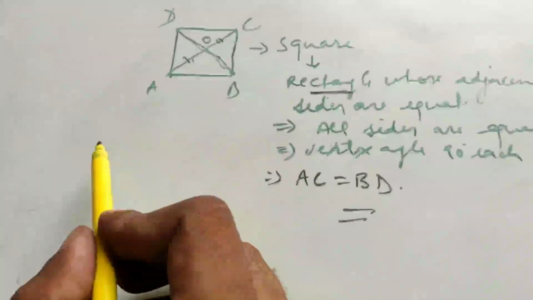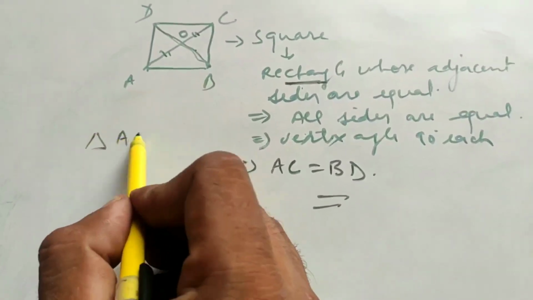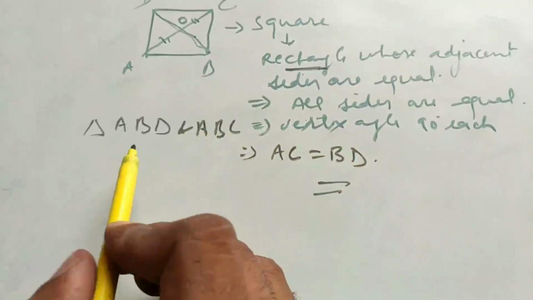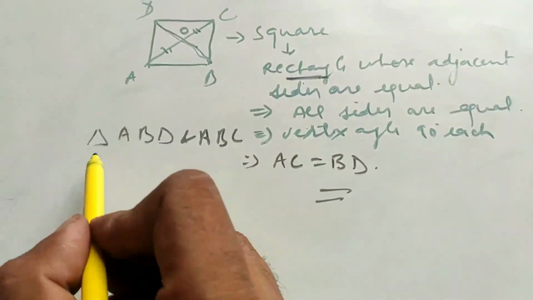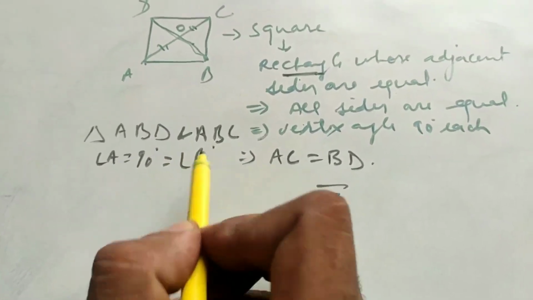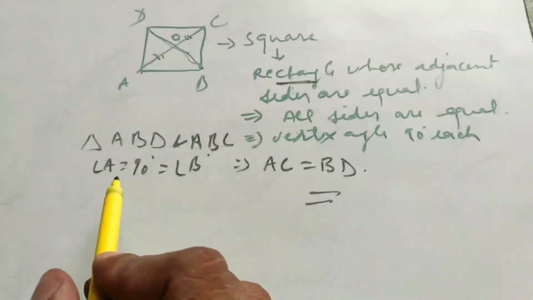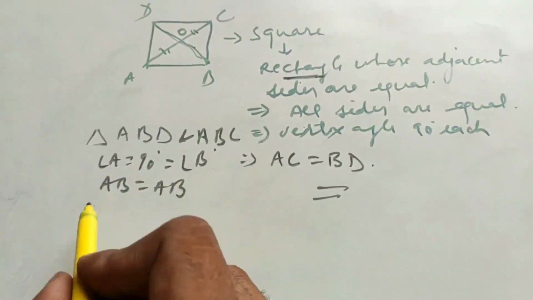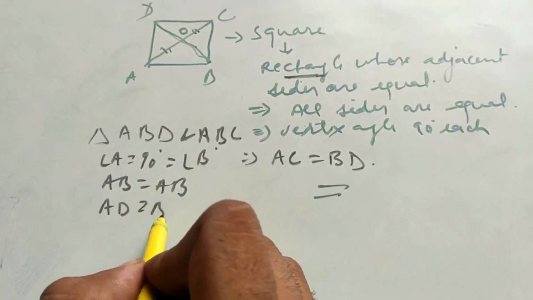Or you can also prove it using triangles ABD and ABC. Angle A is 90 degrees here and angle B is 90 degrees in this. Also AB is common to both the triangles, and also AD and BC are the same.